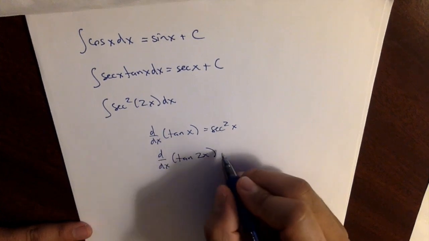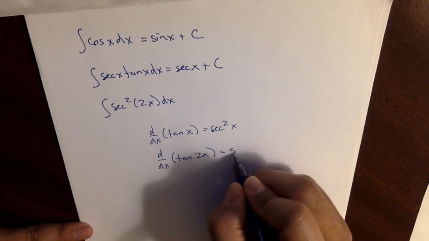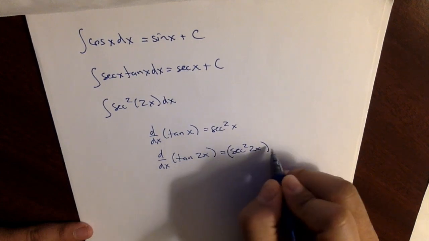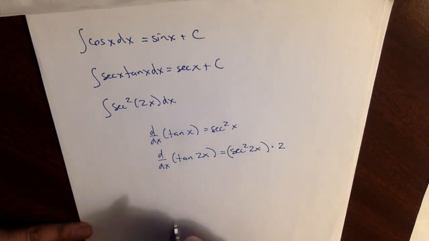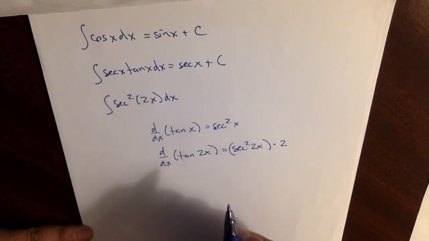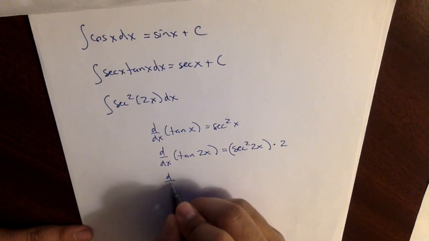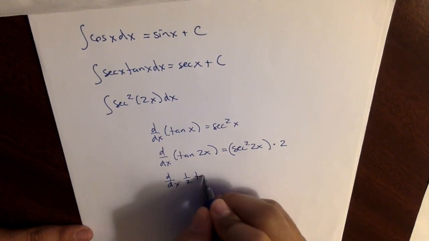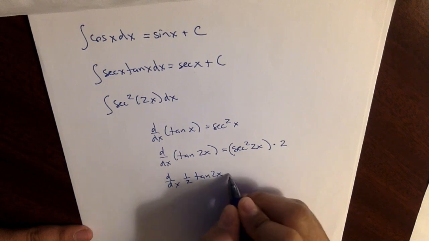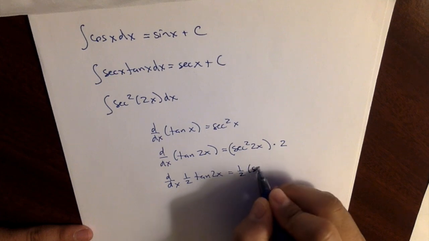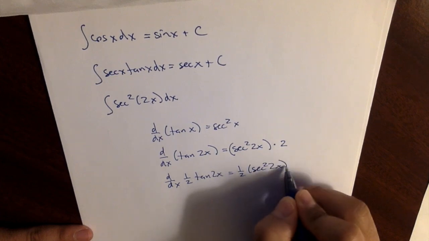Okay, well, we try that, and what do we get? We get the chain rule. We get that this is the secant squared of 2x, but then times the derivative of the inside. That's 2. So we get almost what we wanted, but an extra factor of 2. So we modify again, by dividing by 2, we can then get the same derivative, but divided by 2.